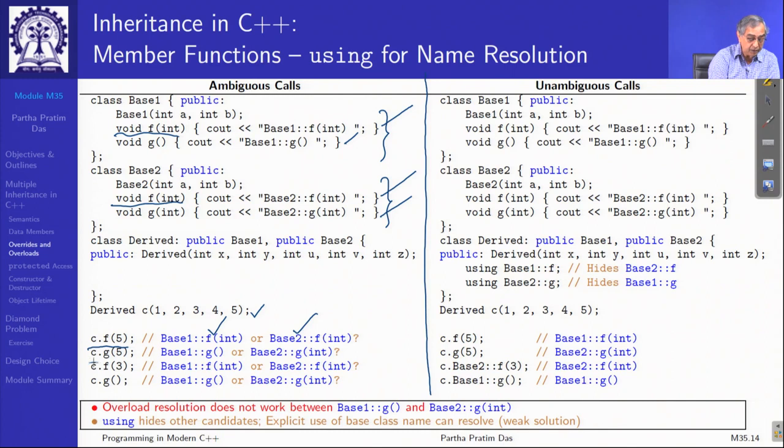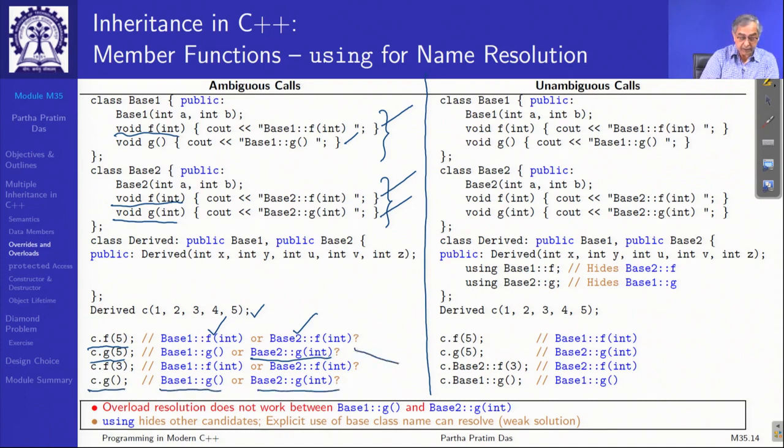Similarly, if I do C.g(5), then well, you would say that because it is 5, I am possibly using this, but there is some confusion with g as well, because g is also inherited inside the derived.